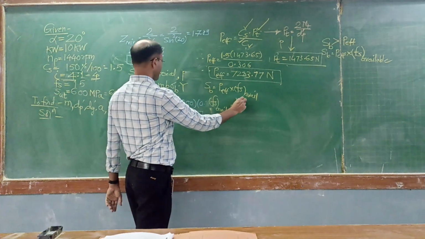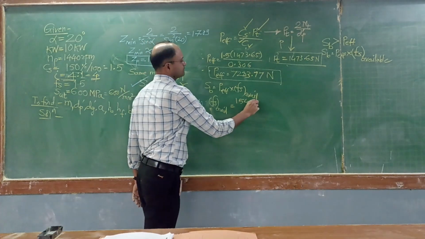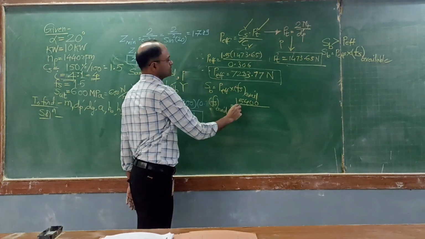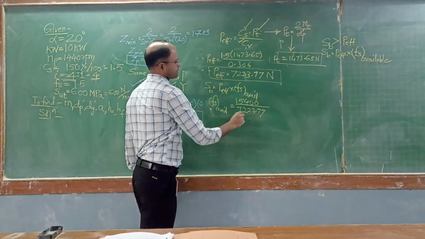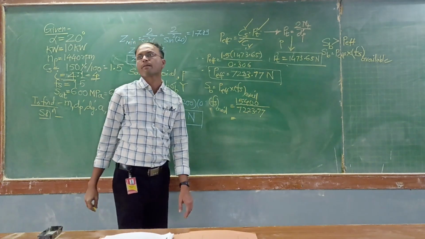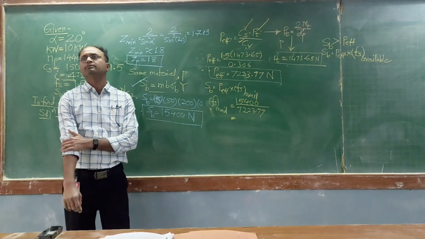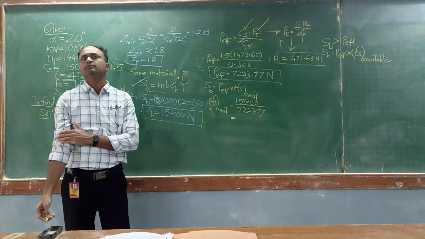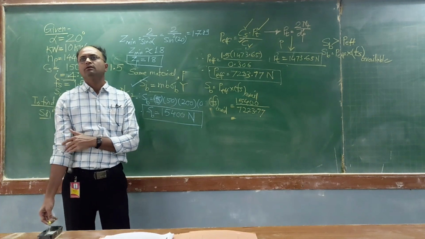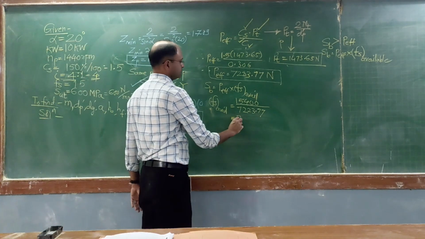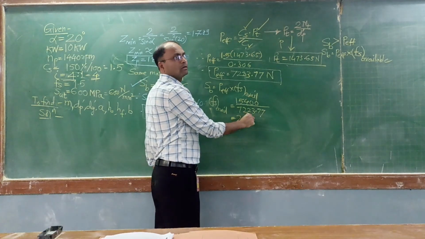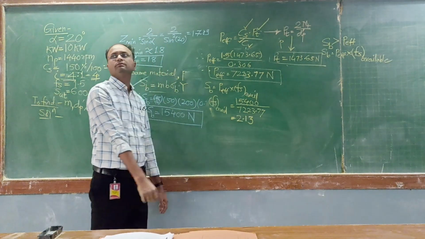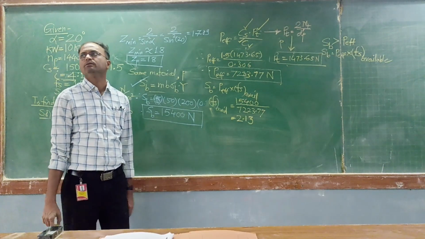SB is 15,400. P effective is the value above. This gives 2.1314.